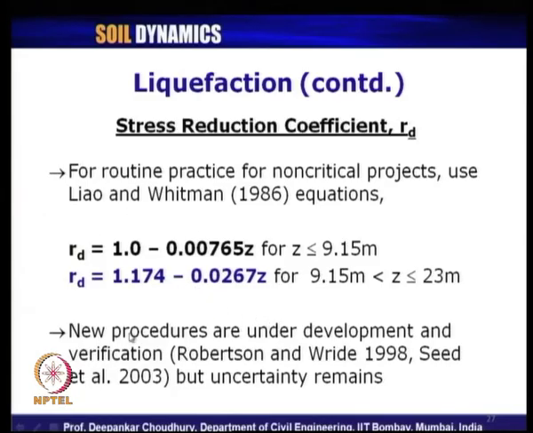Now, after that new procedures were under development on how to give the r_d values, and also under verification to consider the uncertainty parameters. So, you will find further developments by Robertson and Wride in 1998, and then Seed et al. in 2003, who also proposed some expressions for r_d.